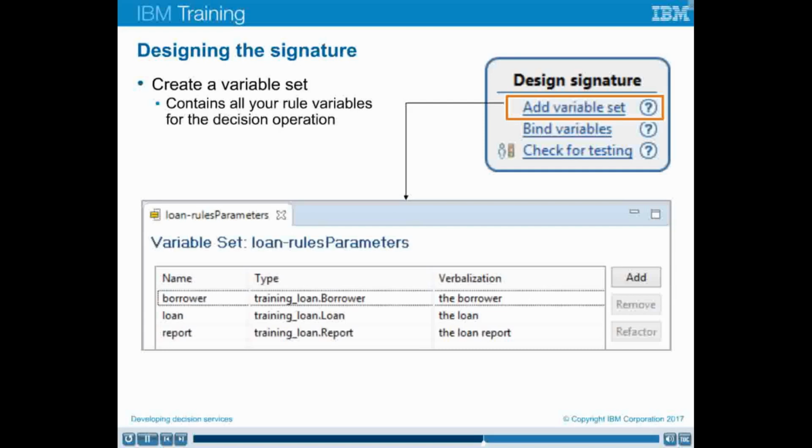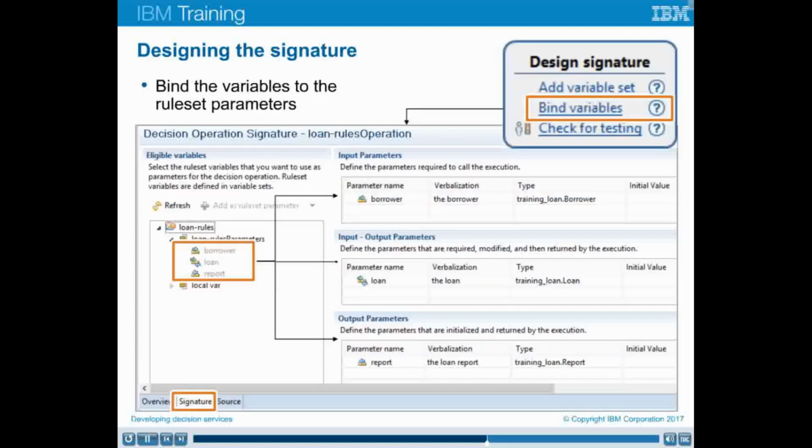So to access those objects from the calling application, you bind the rule set variables to the rule set parameters. But first you need to create a variable set to contain your rule set variables. You bind the rule set variables to the rule set parameters on the Signature tab of the decision operation.